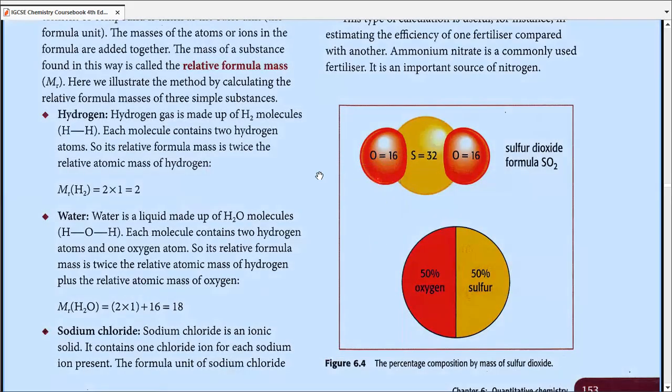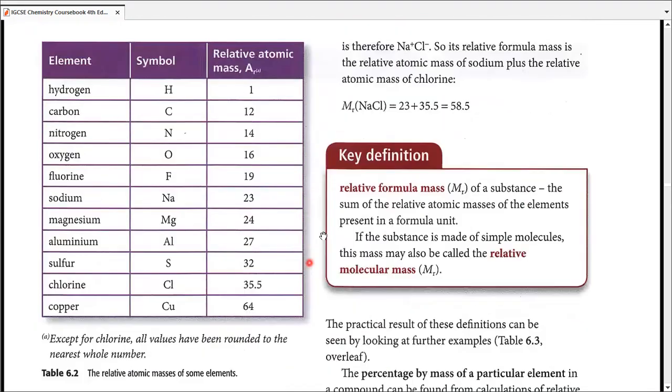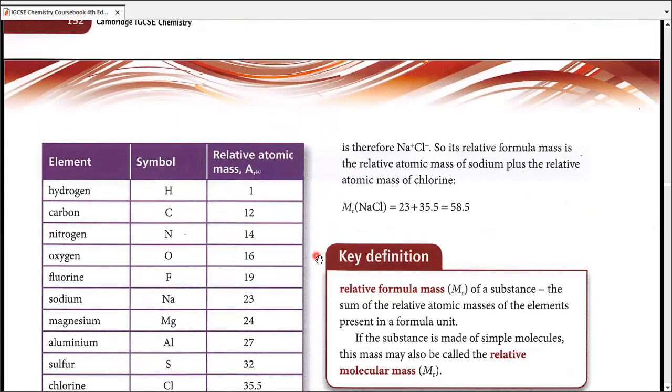But before I get to percentage composition, we need to understand for a couple of compounds how to take their masses. For example, let's talk about this one. This one is ammonium sulfate.